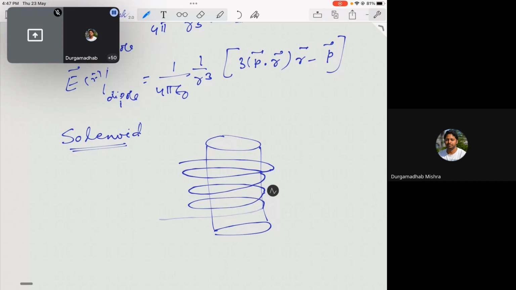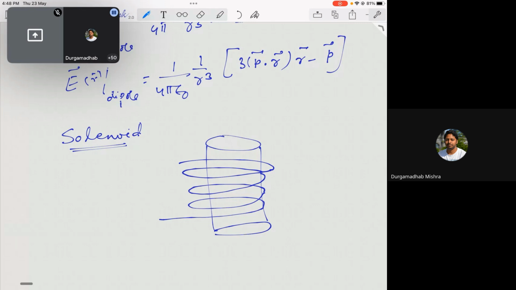You wind these coils around something. It can be a piece of wood, or metal, or any other material, for example. You just wind these coils, or even in free space if you wind this kind of coil, what you create is a very uniform magnetic field.